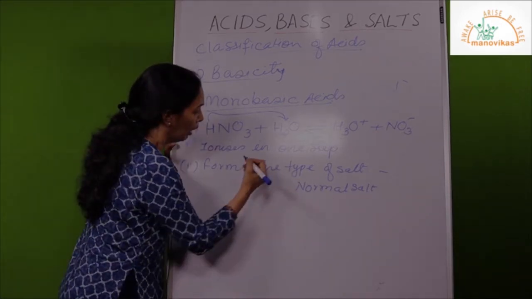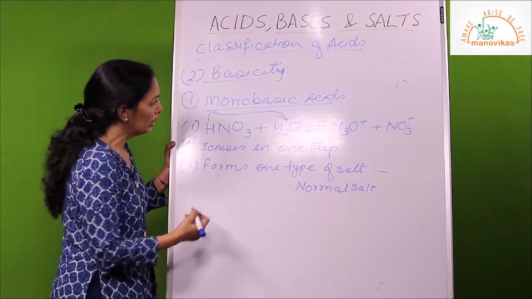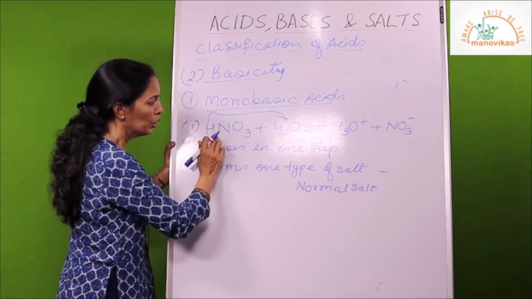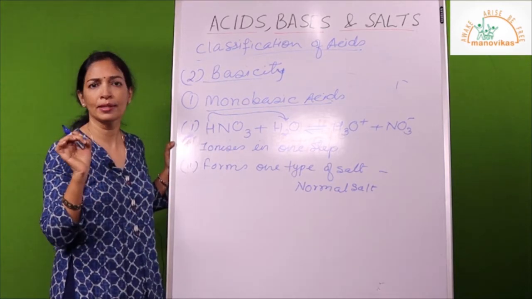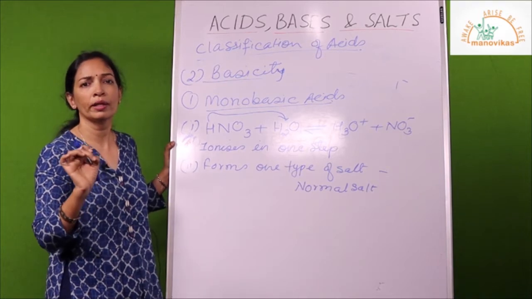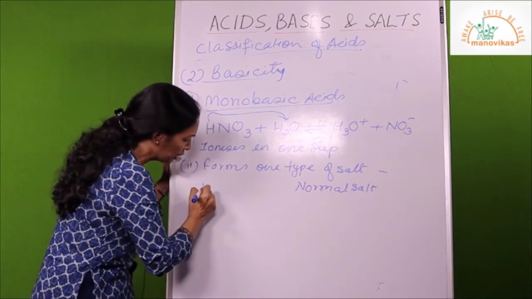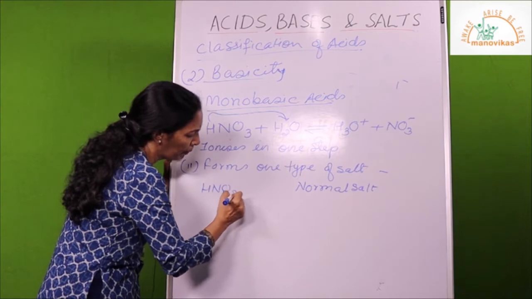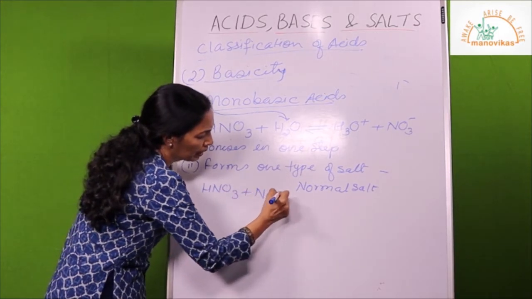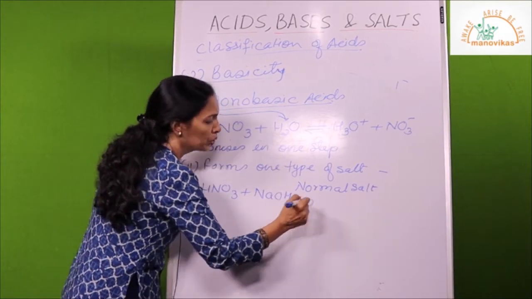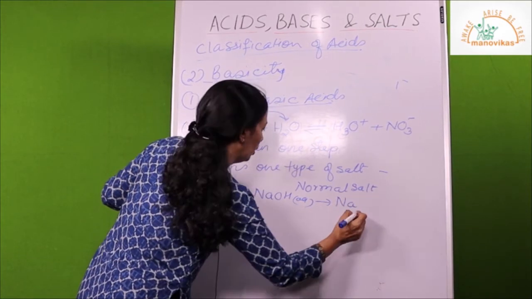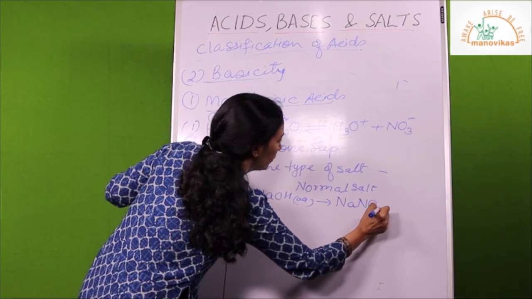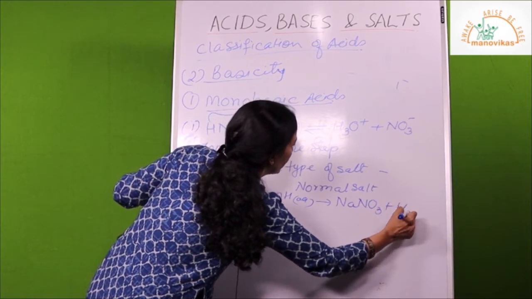So this is one example I will give you here. We have taken HNO3. Now let us suppose this HNO3 reacts with a base. Neutralization reaction will take place and salt and water will be formed. So this HNO3, if it combines with NaOH aqueous solution, it will give NaNO3 plus H2O.